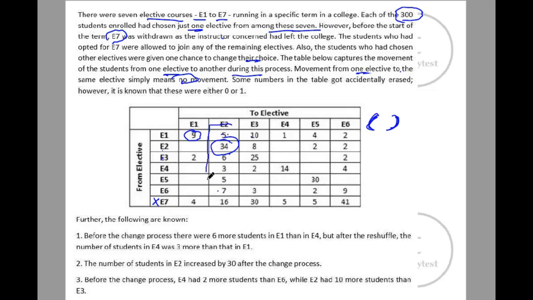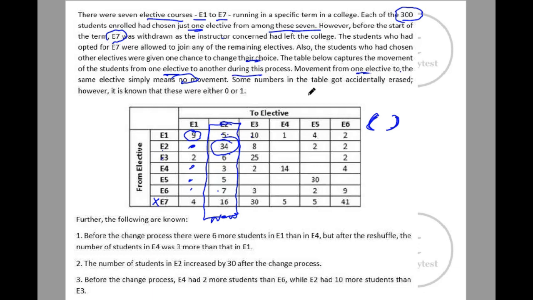So if we add along the columns, you will find the new number of people. Obviously there is no people lost in transition, so the total along the rows will be same as total along the columns, which should be around 300 people. Okay, there are some which are blank. Let's see what the blanks say.